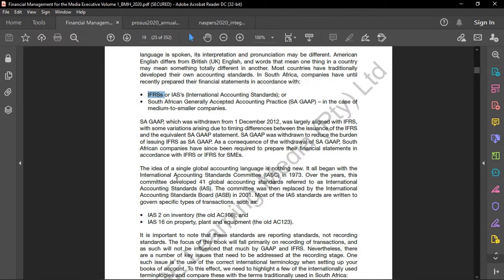If you read more of the information, which you don't have to know, but it's nice to understand how big IFRS is. Okay, you can see over the years, right, the committee has obviously improved the actual standards to make the standards more accurate and to make the standards better. So it's important to understand that accounting standards are a work in progress. Nothing's perfect. Things can always improve.